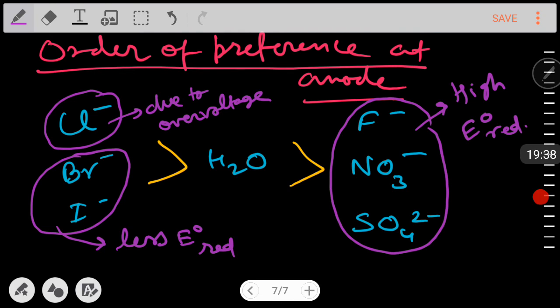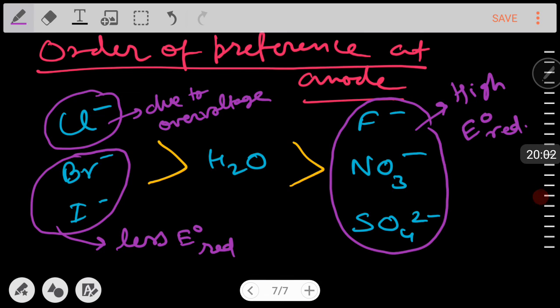at the anode for oxidation. Cl- ion, Br- ion, and I- ion have preference over water. Cl- ion has preference over water due to the overvoltage required for the oxidation of water. So if water and Cl- ion both are present, then water cannot be oxidized even though its E naught value is less.